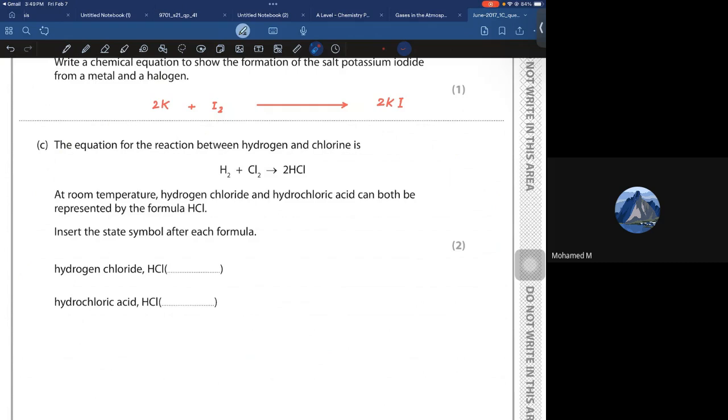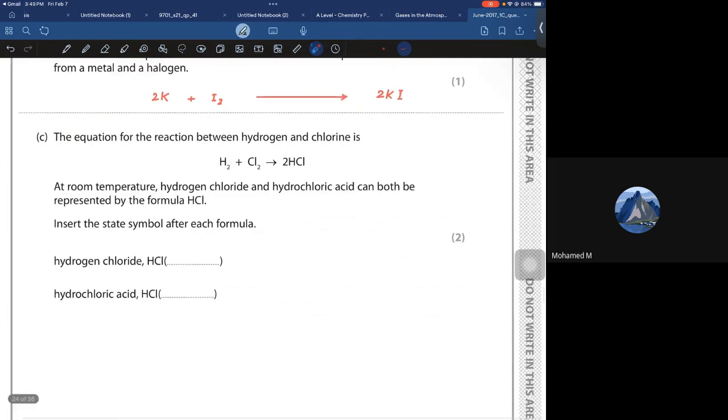Insert the state symbol after each formula. Hydrogen chloride would be what? What does it mean? Oh, the state.